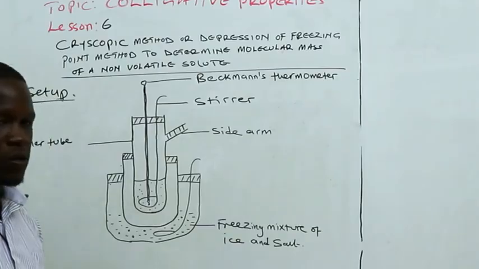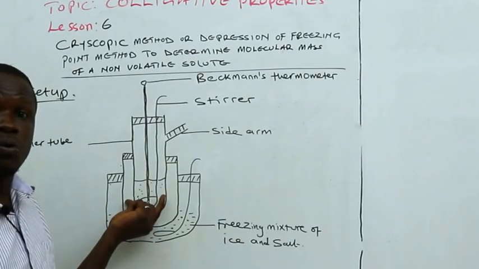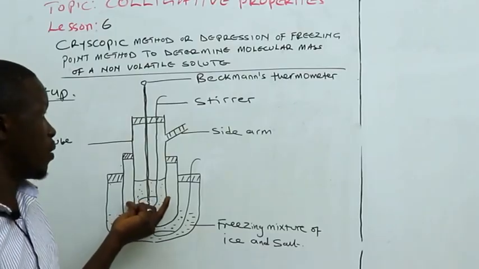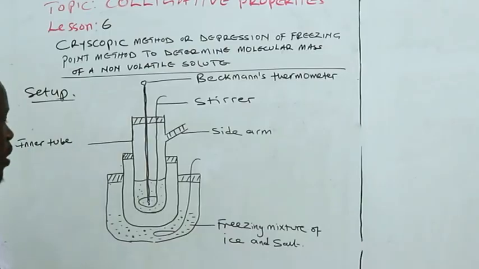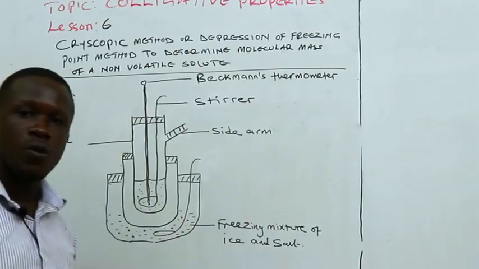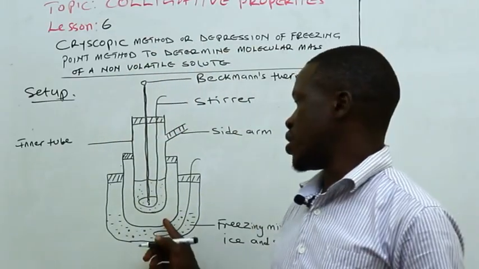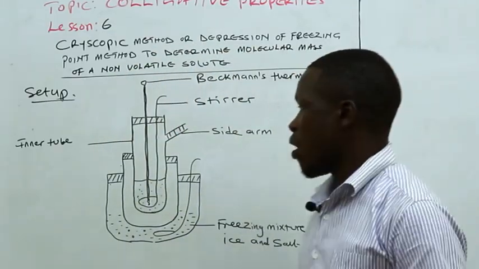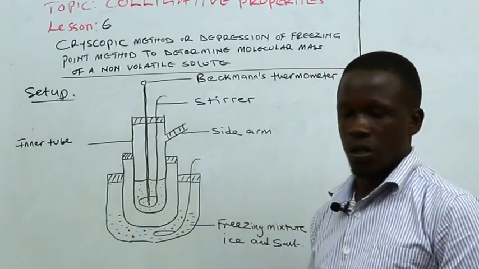This is going to be used to cause the cooling or the freezing of the contents of the inner tube. And then the one in the middle is empty. And why is it empty? We want to create a vacuum to ensure that there is uniform cooling within the contents of the inner tube.